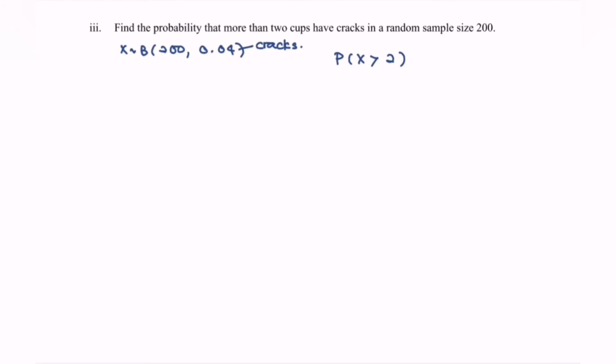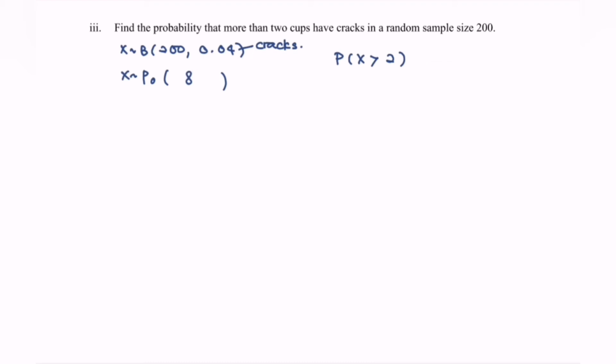By referring to the table, where n is greater than 50, binomial distribution is not suitable. Next, X is Poisson distributed, where lambda is the mean, which is np. Multiply 200 with 0.04 and we will have the value 8.